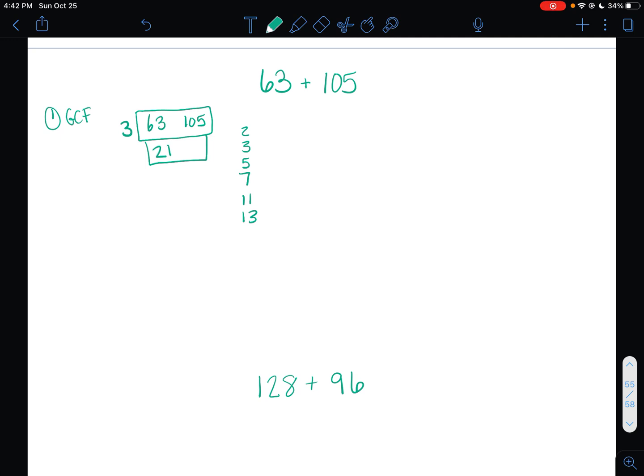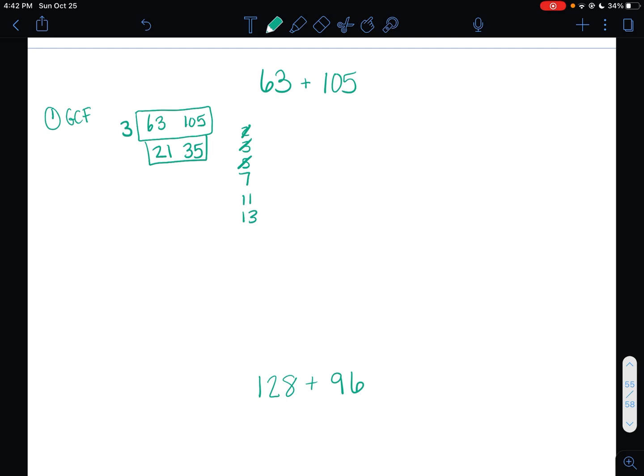63 divided by 3 is 21. 105 divided by 3 is 35. So 21 is divisible by 3, but 35 is not. So I can't use 3, so then I jump to 5. 21 is not divisible by 5. Can't do it.